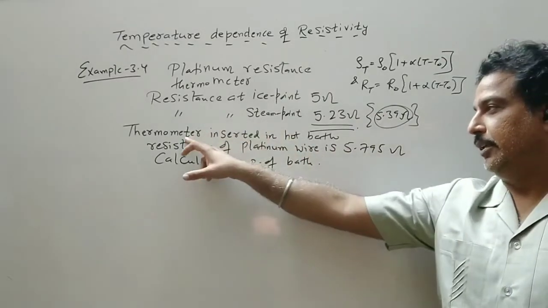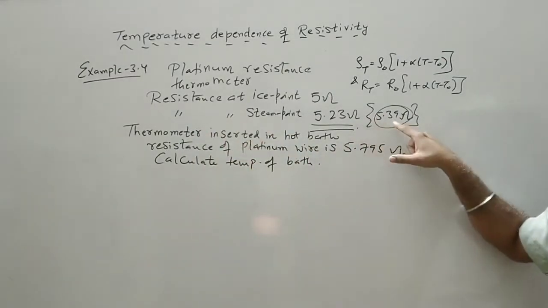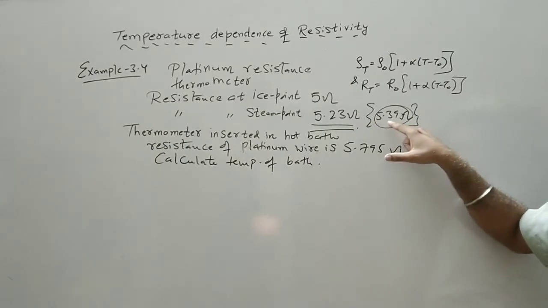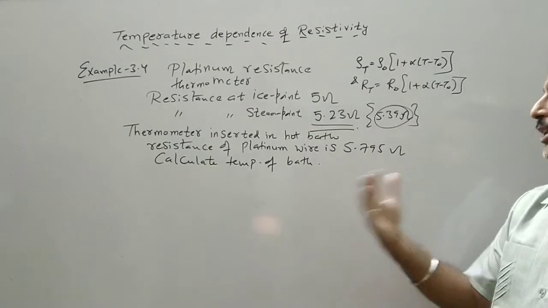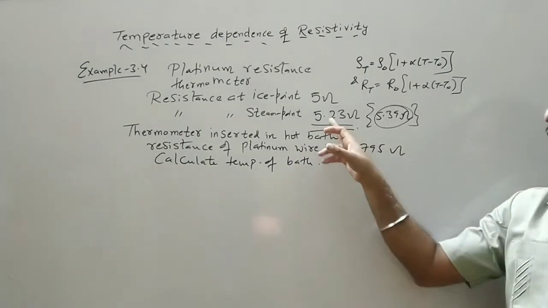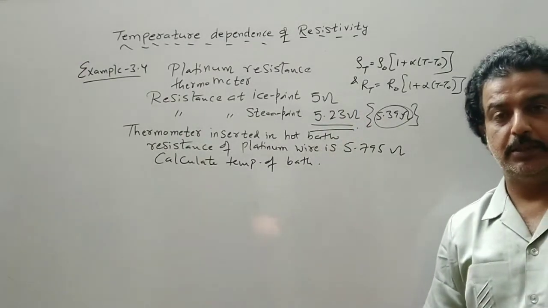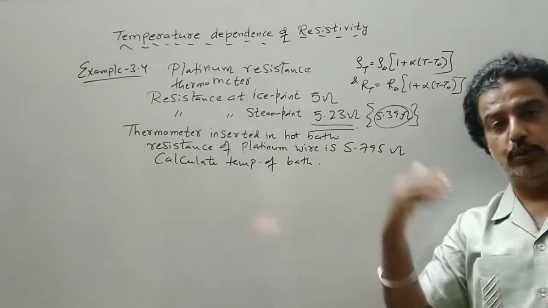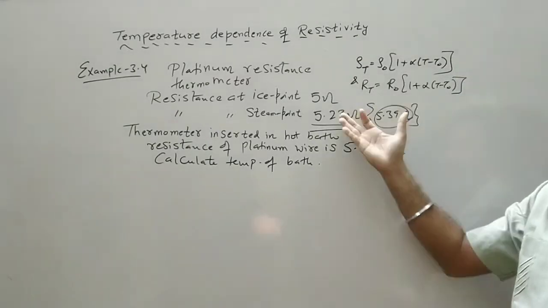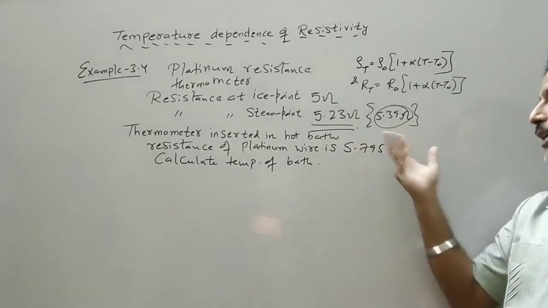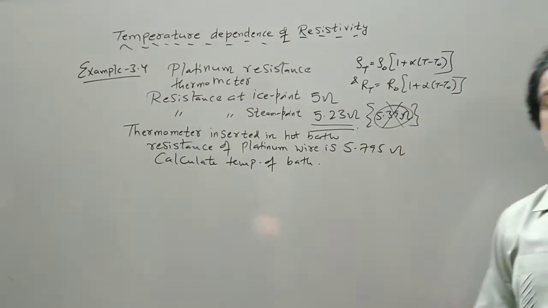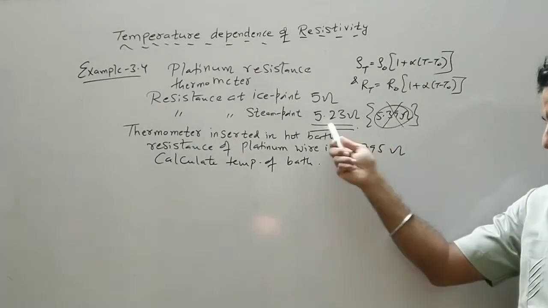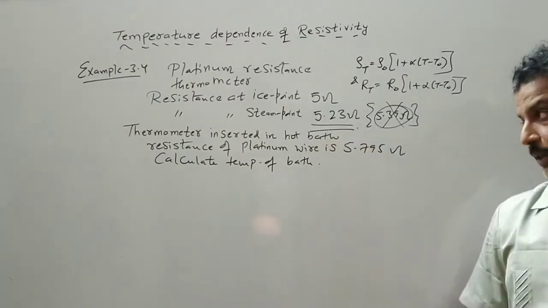You have to see that in the question they have given the value 5.39, while using the formula they use the value 5.3 ohms. So either you have to change the value in the solution or you change the question. So we are changing the value in the question. Instead of 5.39 we make a correction, 5.3 ohms.